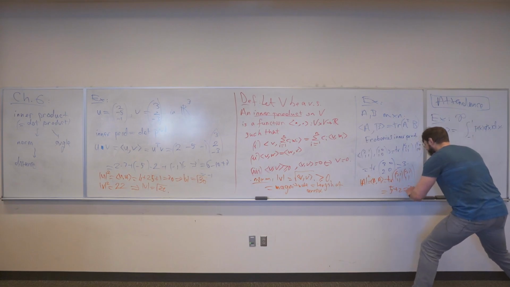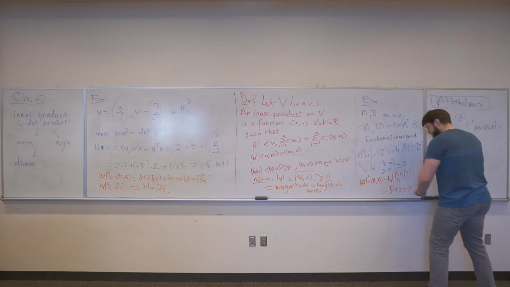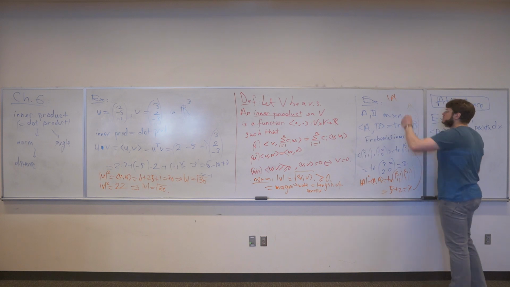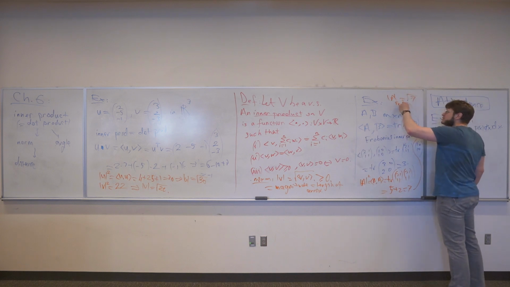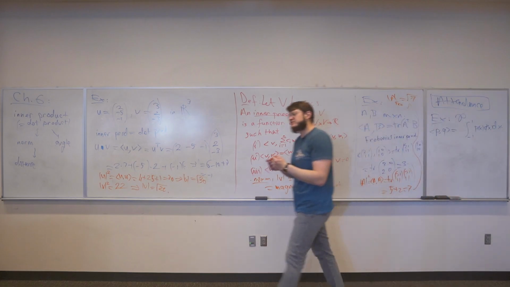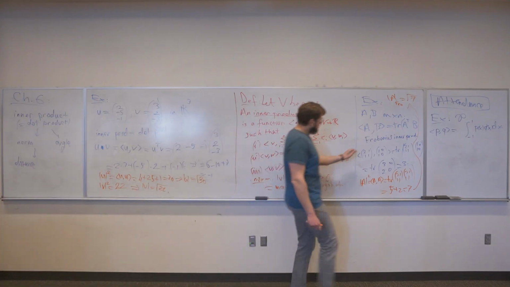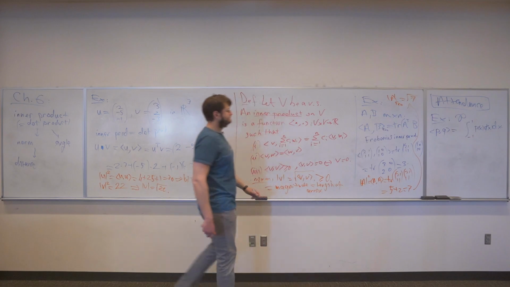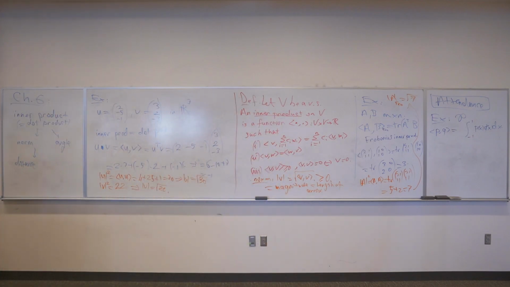Plus 2 is 7. So the norm of A is root 7. Just write it here. It's probably good practice to write that this is with respect to Frobenius, because there are other norms and inner products that are very useful in applications. So put a fro here. There are other ones.